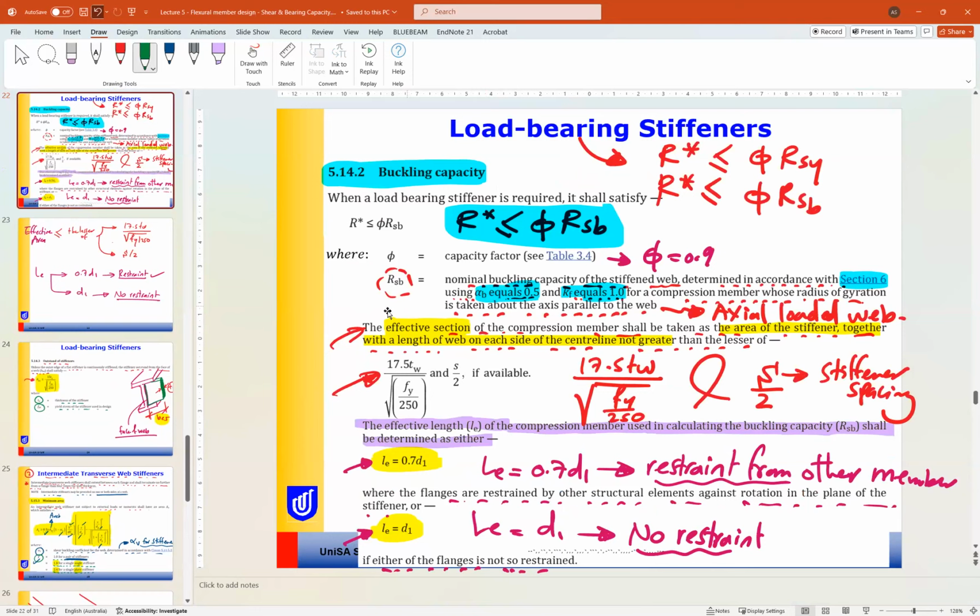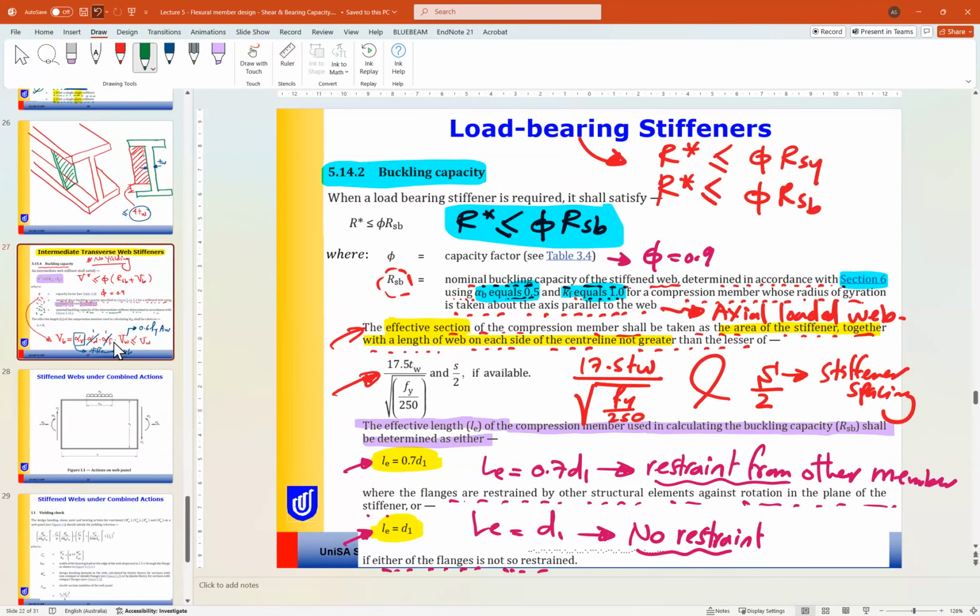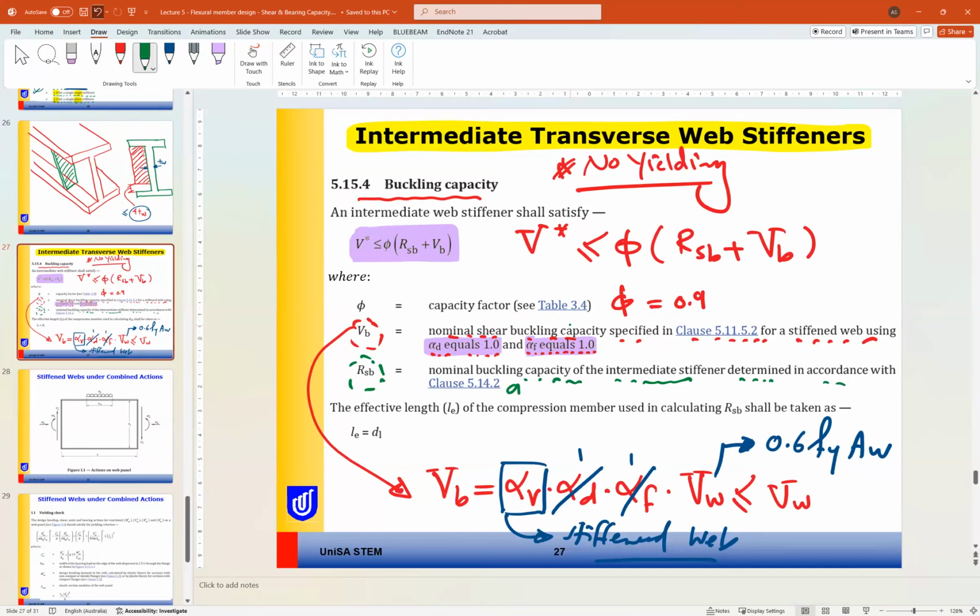So we need to find RSB according to this formula here as an axial loaded member. So RSB will be calculated as an axial loaded member as before.